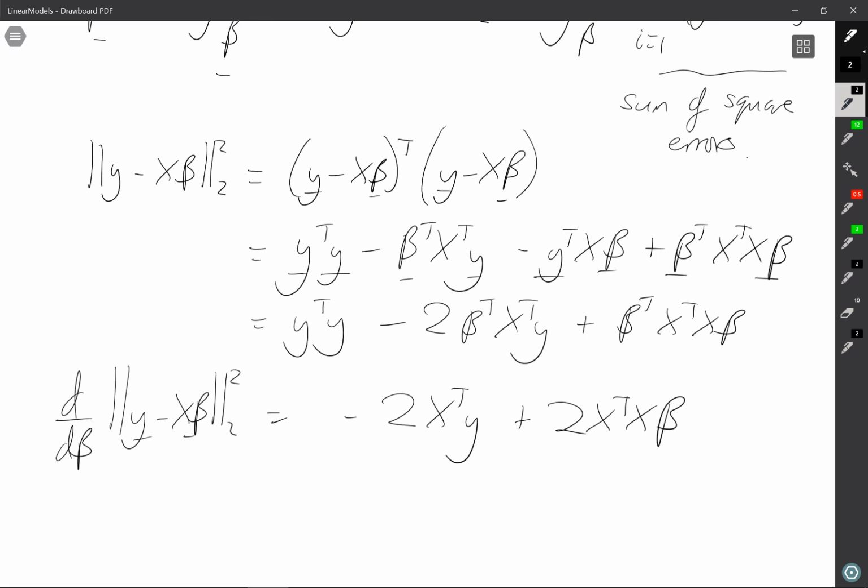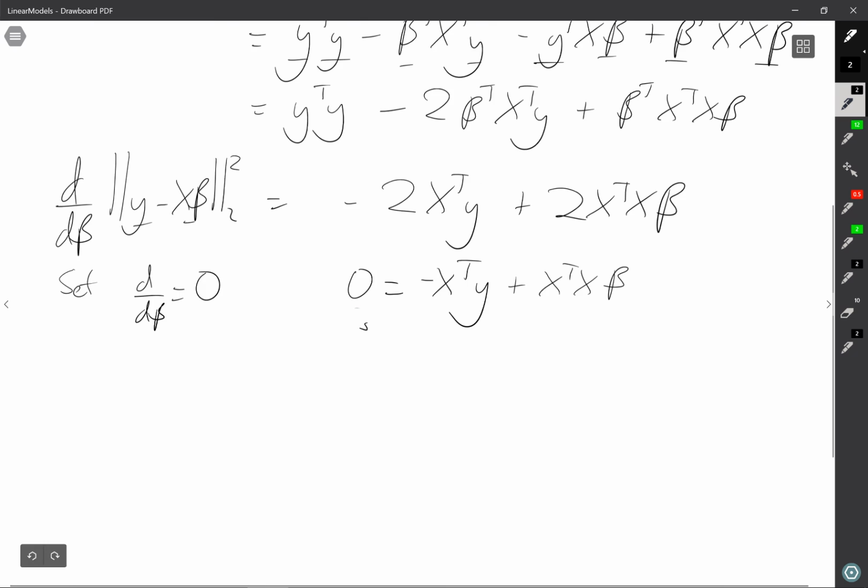Setting the derivative equal to 0, which it will be at a minimum, gives us what's called the normal equations. Cancelling 2, minus X transpose y plus X transpose X beta is 0. Rearranging, we get X transpose X beta equals X transpose y.